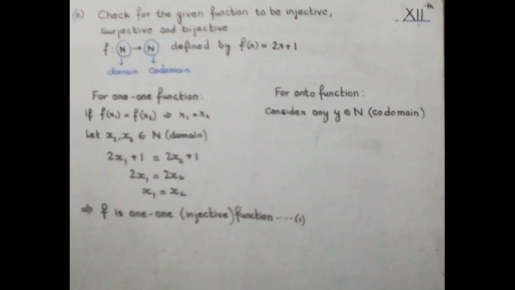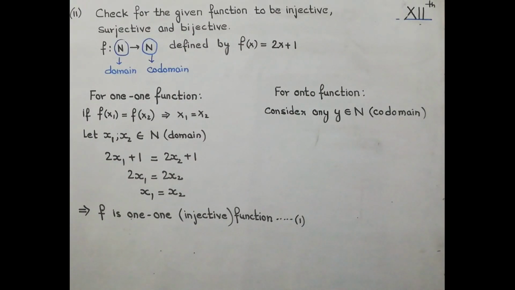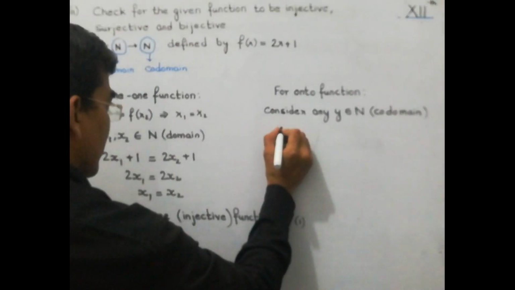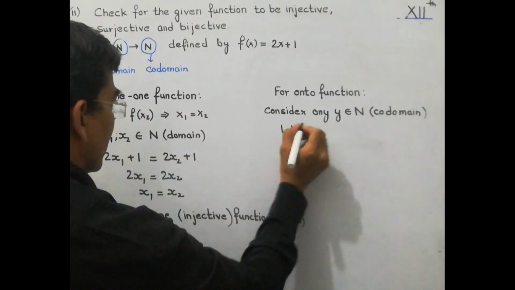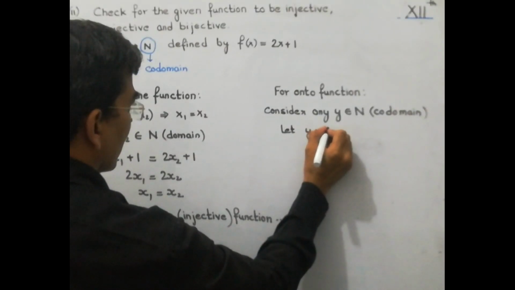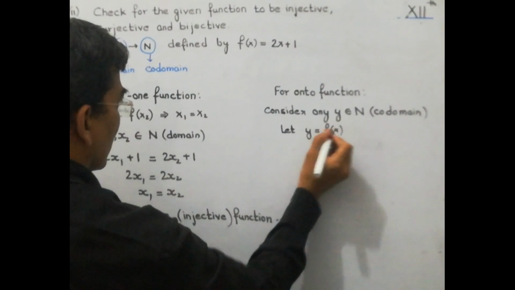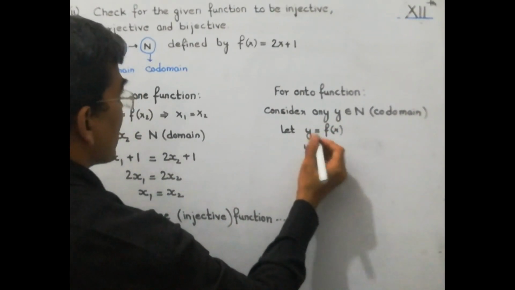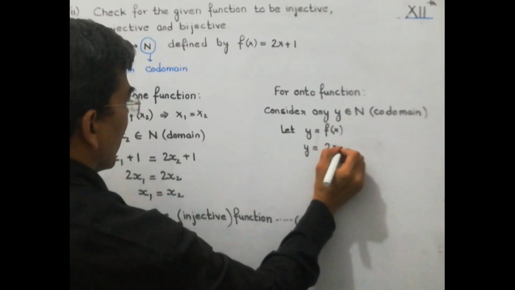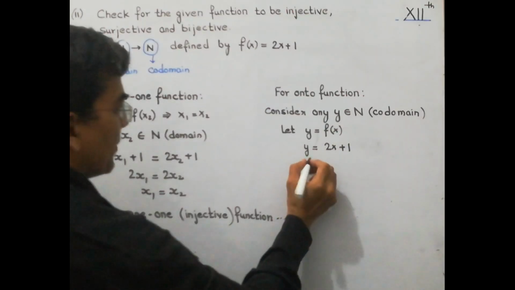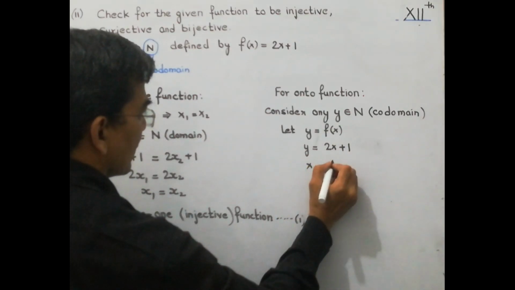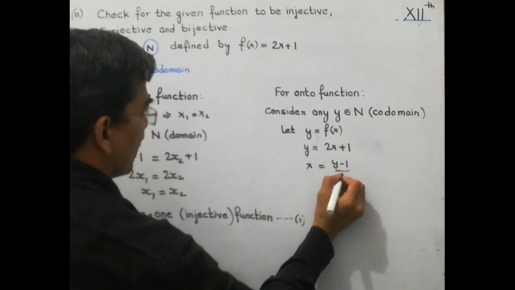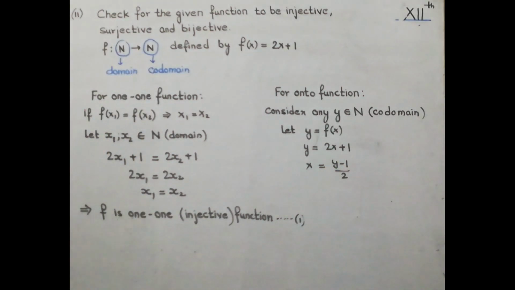So we have considered any element y from the codomain. Okay, now let y is equal to 2x plus 1. So from here you will make x the subject. So it's (y minus 1) upon 2. Okay, (y minus 1) upon 2.